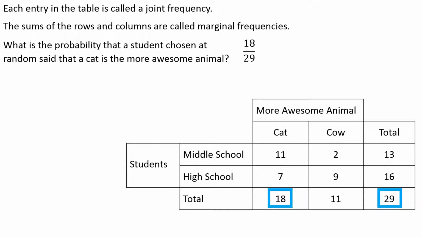Well, it looks like I talked to 29 students. 18 of them thought the cat was more awesome than the cow. So if I just went up to any old student, I would expect the probability that they would think that the cat is more awesome than the cow 18 out of 29 times.